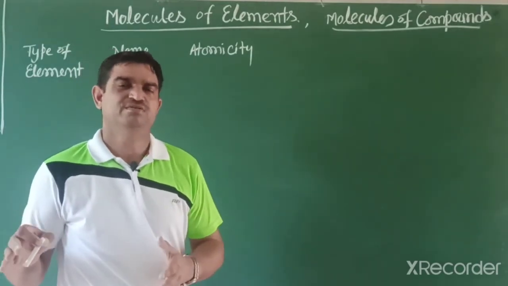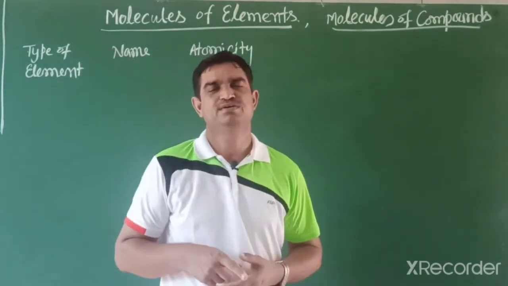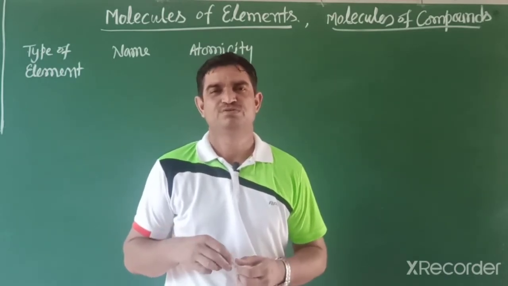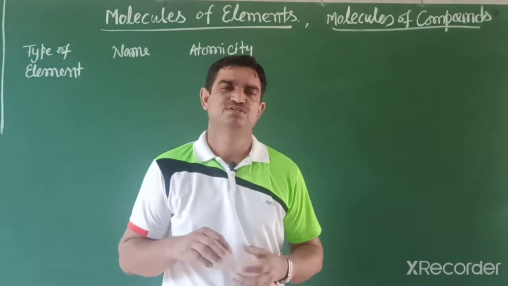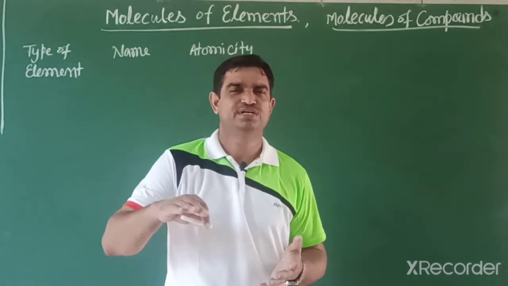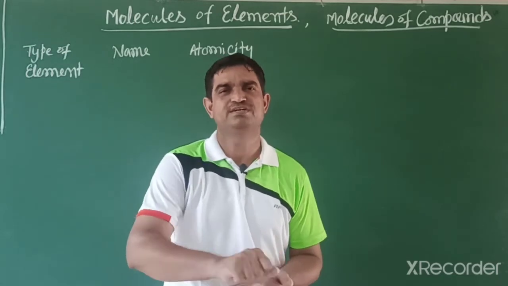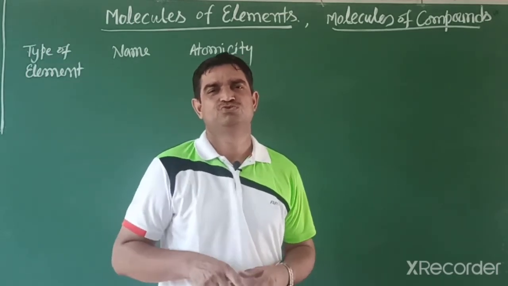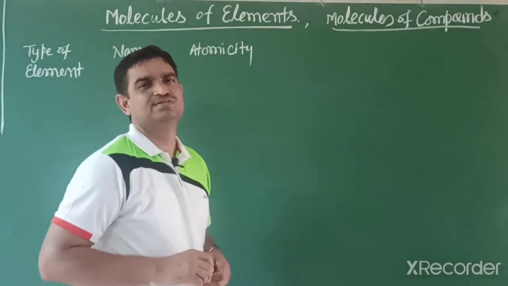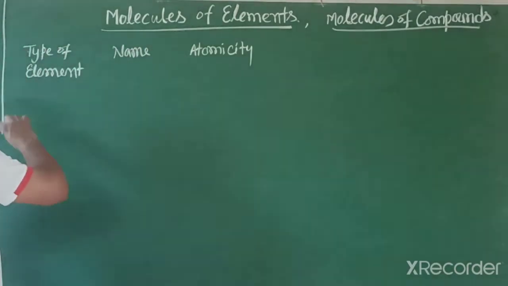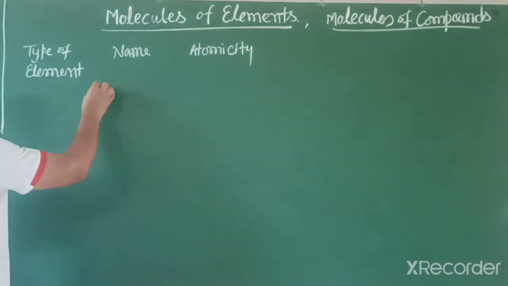Generally metals have millions of atoms in one element, like iron, gold, silver, copper. They have a number of atoms that cannot exist as a single molecule. They are aggregated, they are near. So they are represented by symbol only.